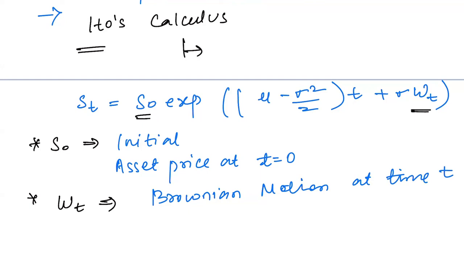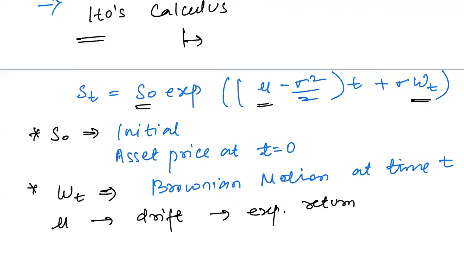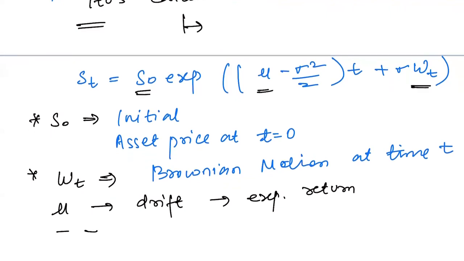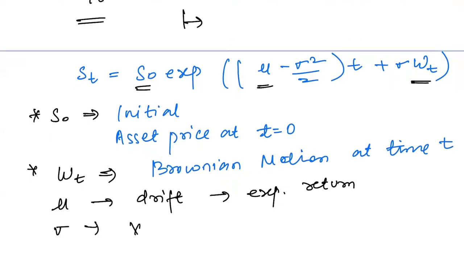Then the next term, mu, is nothing but the drift. As we studied earlier, drift is nothing but your expected return. And similarly, sigma is nothing but your volatility, the volatility of the asset returns, right?